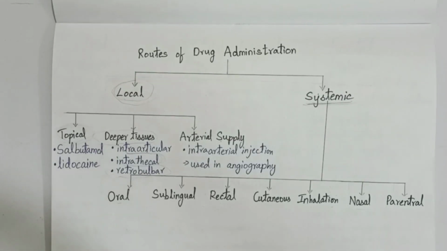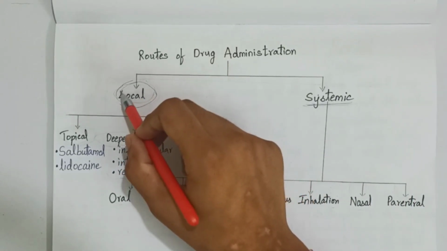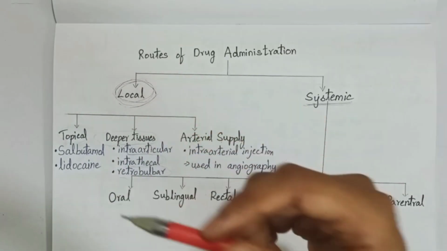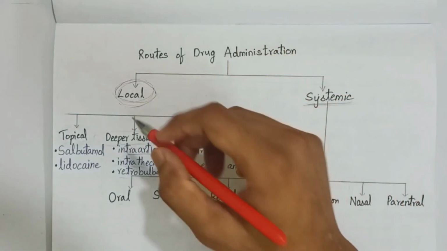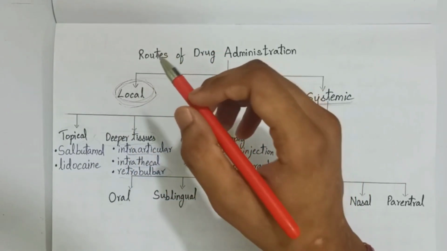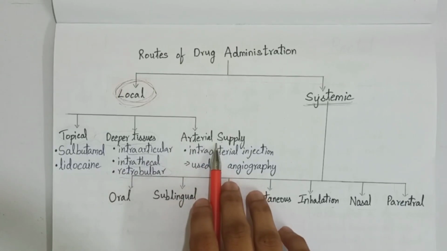Local routes of drug administration are given when we want a localized response, or a localized form of treatment in the body. There are three types of local routes: topical, deeper tissues, and arterial supply.